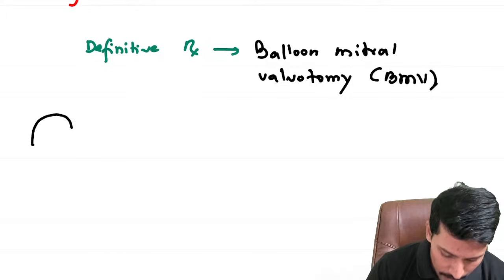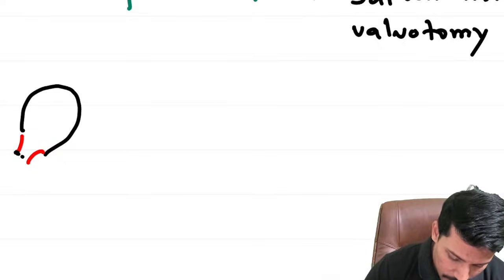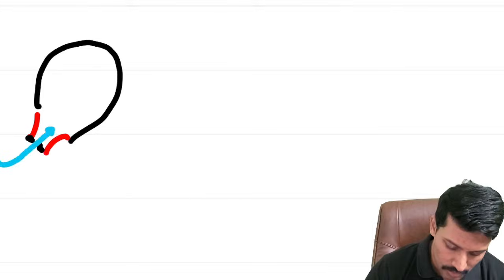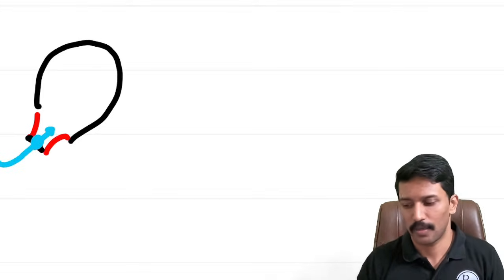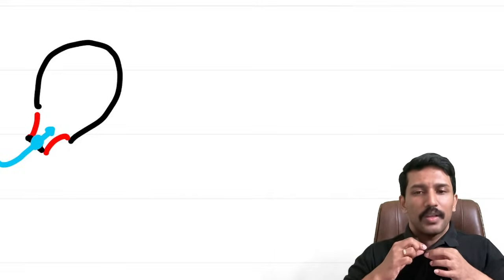See, in mitral stenosis, the two leaflets have developed some adhesions or connections. So if I pass a balloon across this and dilate it, I can break those adhesions. It's like two shirts, they are glued together.